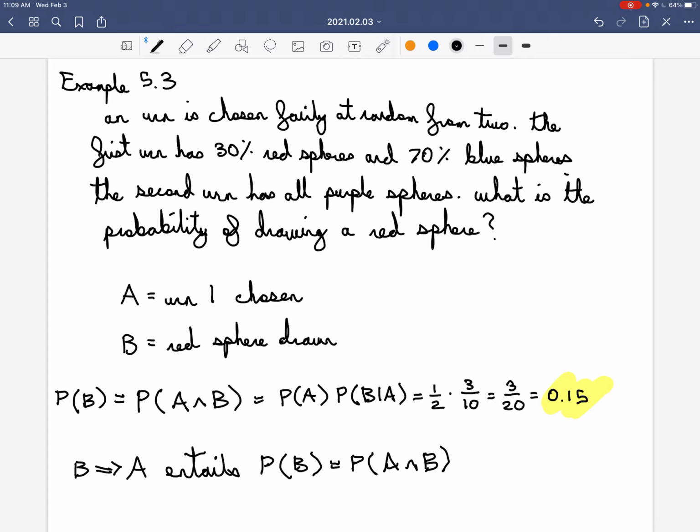And because I have this trick where B implies A entails that the probability of B equals the probability of A and B, this 0.15 is the correct answer for the probability of B.